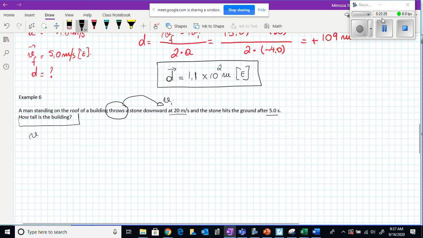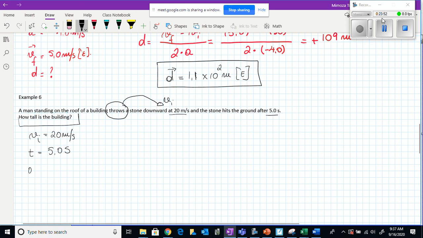So initial velocity is equal to 20 meters per second. And the time that the object is traveling until it reaches the ground is 5.0 seconds. And there is another piece of information here which we do not have stated in the question, but we assume that it is gravity.